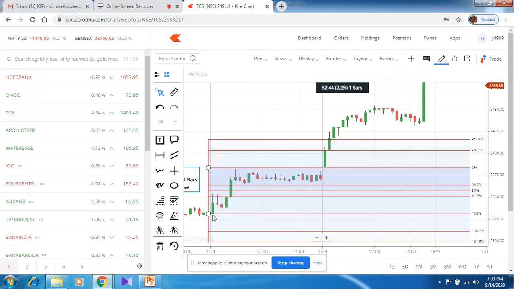I'll explain again. As you can see, in the beginning on Friday, there was this green candle, and in the first 15 minutes itself, it crossed 61.8.